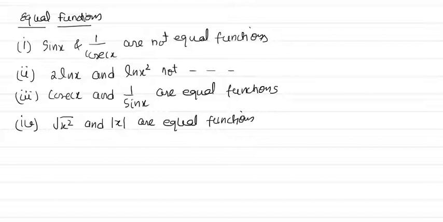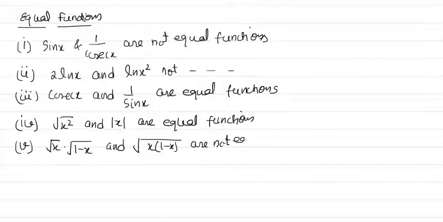Why is it so? One last: under root x into under root 1 minus x and under root x into 1 minus x are not equal functions. I want to discuss why is it so.